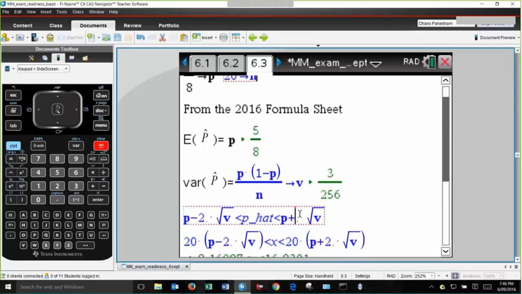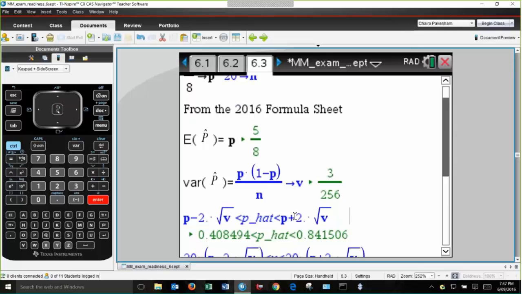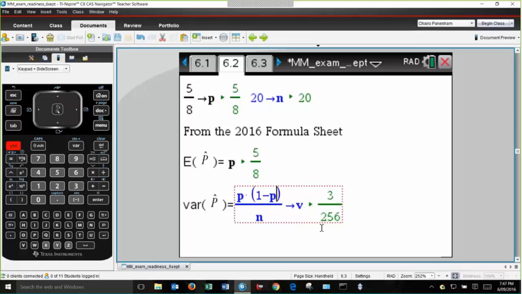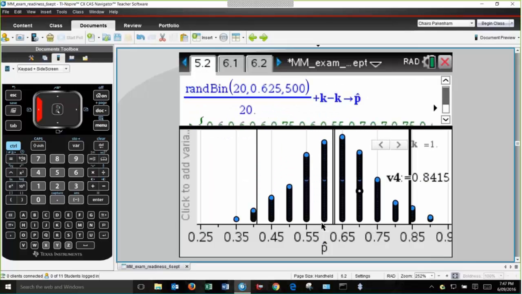P hat is going to be between P minus 2 standard deviations, or the square root of the variance, and P plus 2 times the square root of the variance. We get these values, so it's going to be somewhere between 0.408 and 0.84, which is what this was showing back here. Okay, so that's what these values are in there.